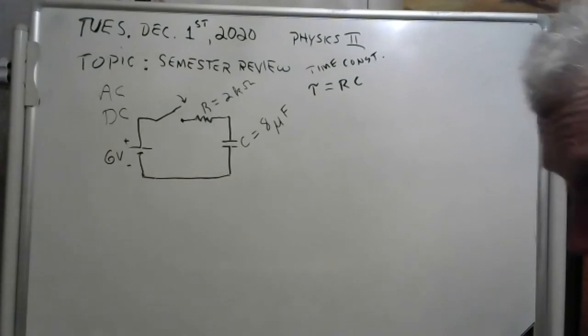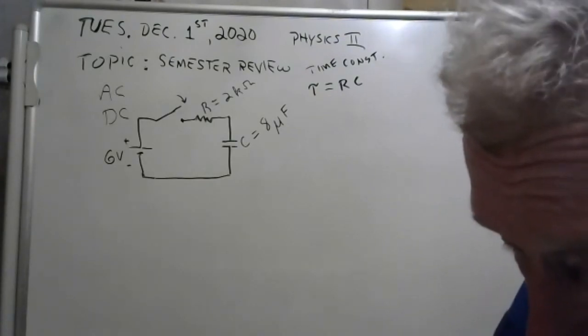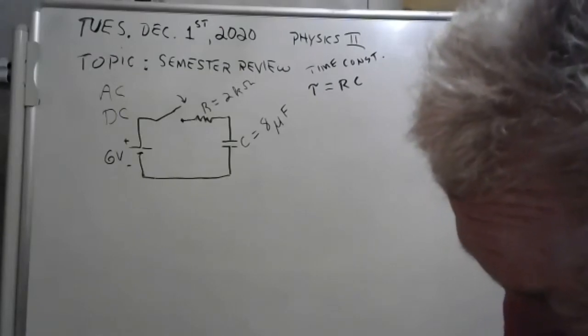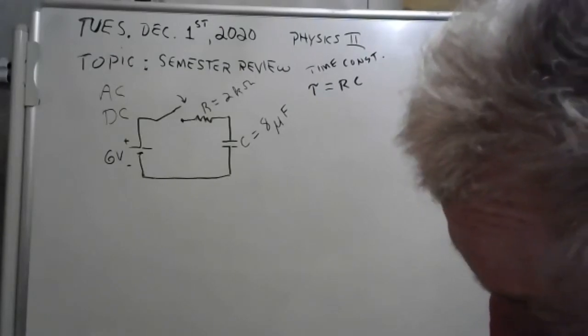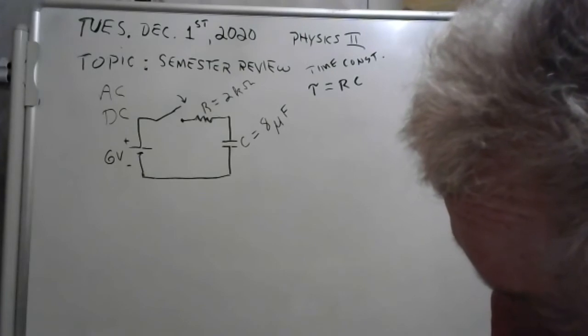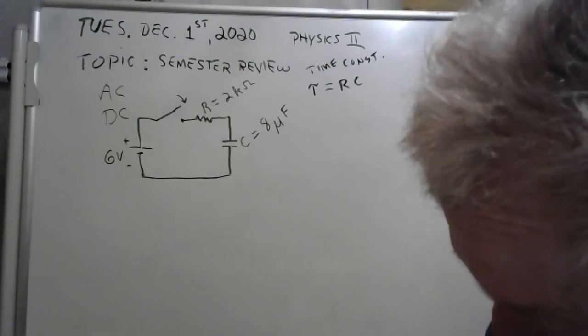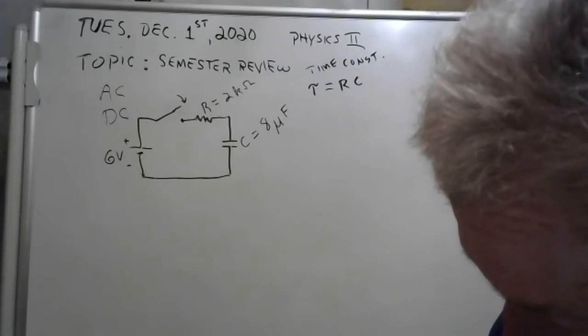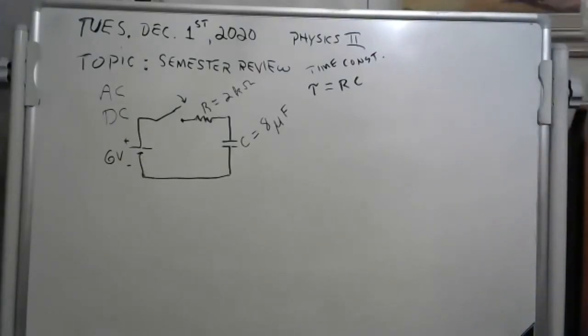Well, let's pick on Stephen. Maybe Stephen's got it. Hey, Stephen, do you have that time constant for us? I got a whole bunch of decimals. I forgot to change my calculator to scientific. Yeah, get it on scientific. That's a good idea.